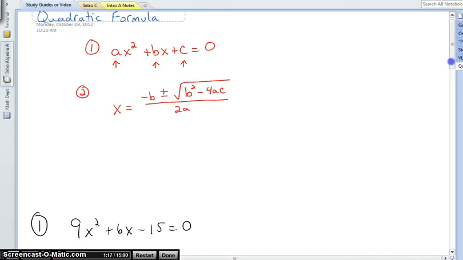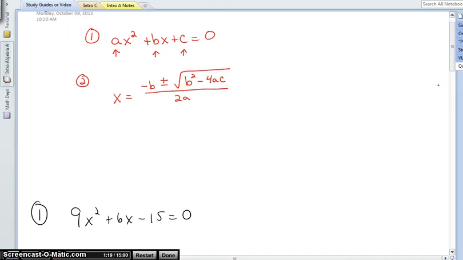Before I start actually using the formula though, I want to talk about when I'm going to use the quadratic formula versus factoring or completing the square. I'm going to use factoring when I can factor.